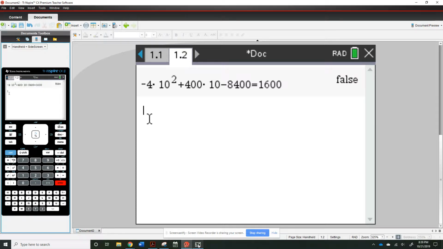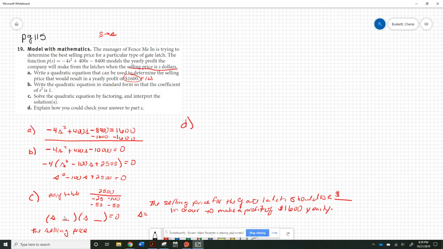So right here, once you figure out what number goes right here, and then you solve for S, you get the S by itself. Explain how you could check your answer.